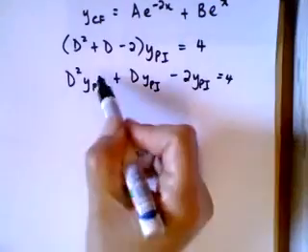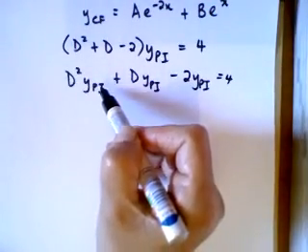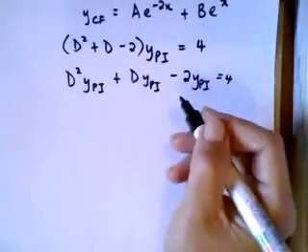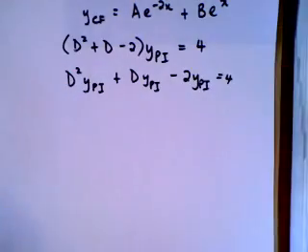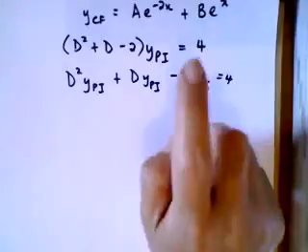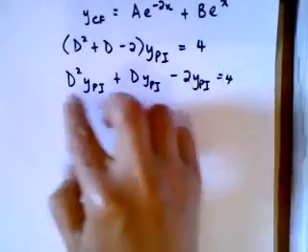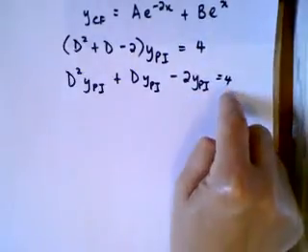And in the D operator notation, this means that you're looking at the second derivative of the particular integral, and this is going to be the first derivative of the particular integral. So it means that there is some expression for the particular integral so that when you find the first derivative and the second derivative and then substitute into this equation, when you simplify, it has to be equal to 4.